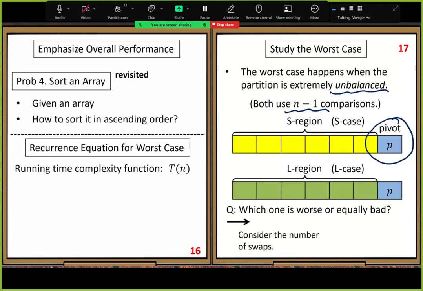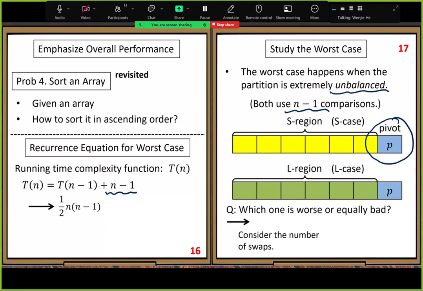T of n equals T of n minus 1, because of one size reduction, plus n minus 1, because the partition step uses n minus 1 comparisons. This recurrence relation is very easy to solve. You just keep doing iterations.